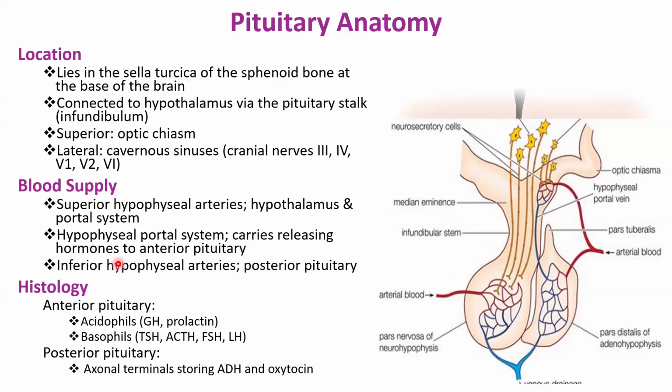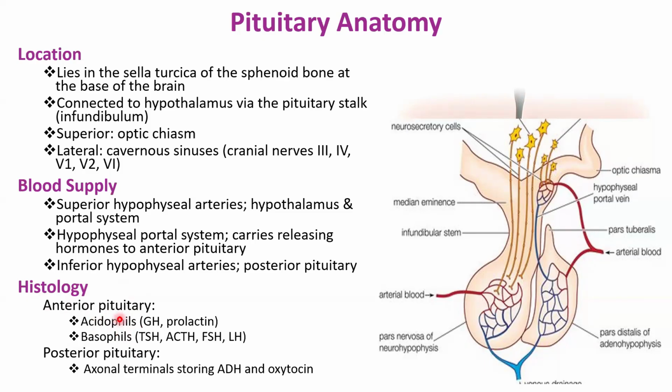Then in terms of histology, we need to appreciate that the anterior pituitary will have two types of cells. It will have acidophils and basophils. That is in nature of the stain that is taken. Acidophils tend to take acidic stains, basophils tend to take basic stains.